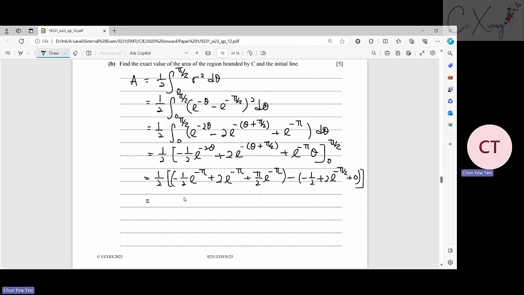Then expand. You can see that actually these two are the same. So it will be 3 over 4 e to the power of negative pi, plus pi over 4 of e to the power of negative pi, plus a 1 over 4, plus e to the power of negative pi over 2. Wait, not half, it's a 1.